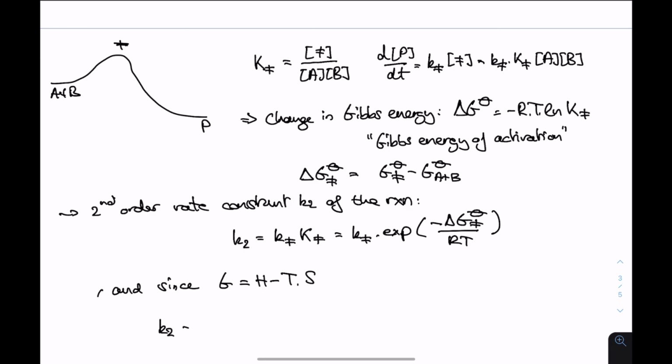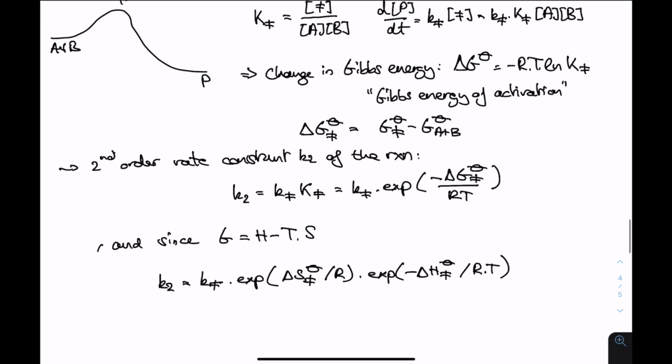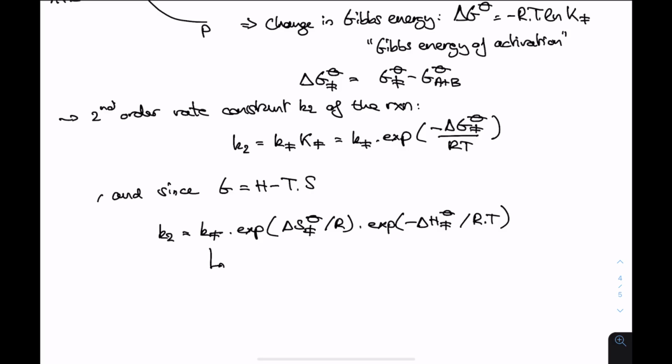K2 is K transition times exponent delta S of the transition state over R times the exponent minus delta H of the transition state over R times T. Okay, so later we will look at this.